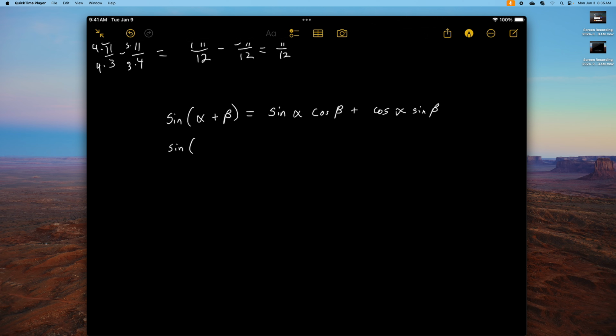The difference formula is going to be sine of the first angle cosine of the second angle minus cosine of the first angle sine of the second angle.